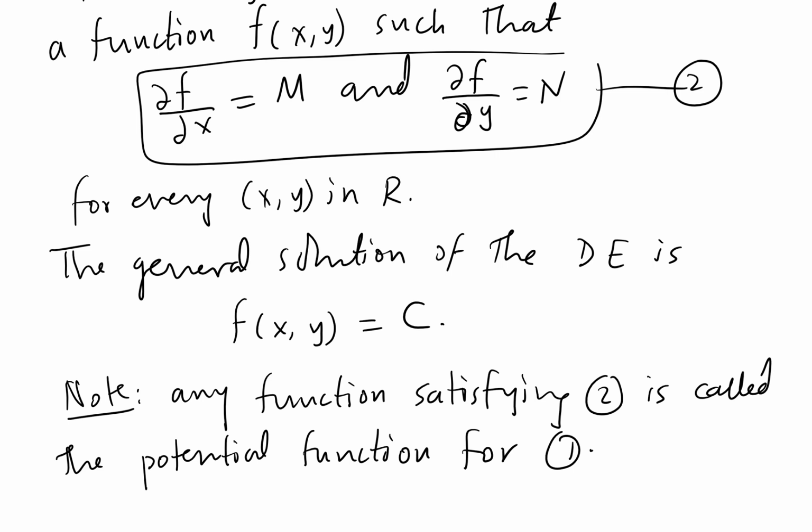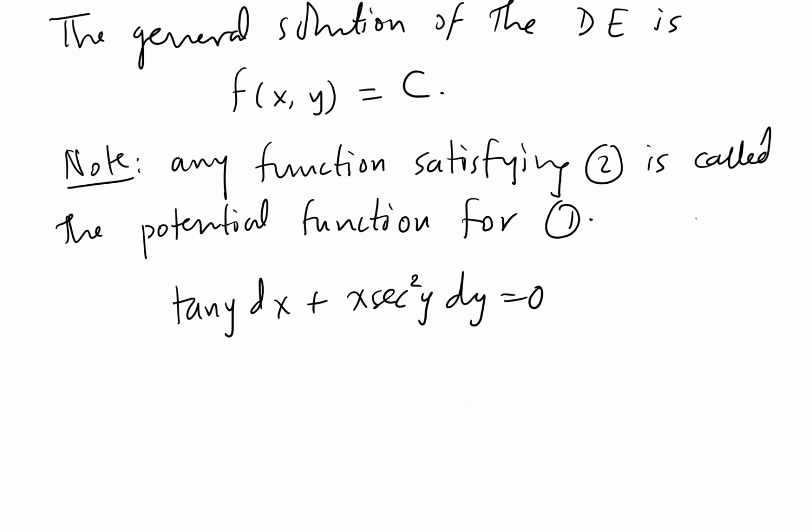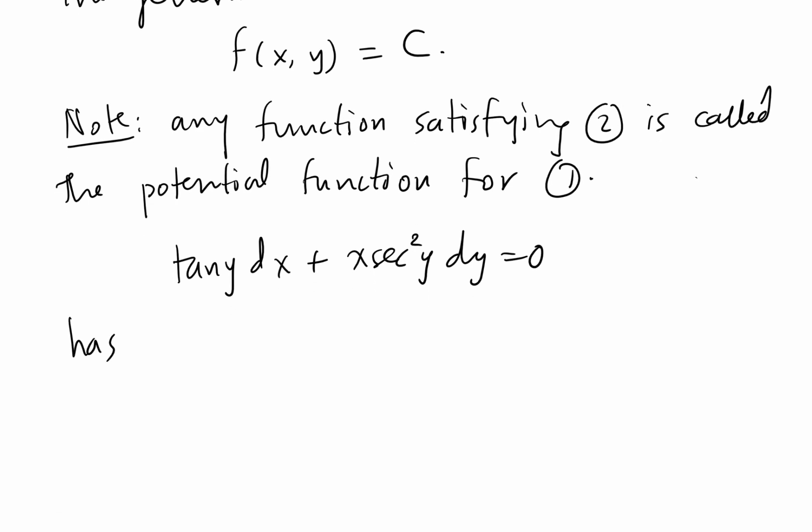So from the previous example that we started with earlier, tangent y dx plus x secant squared y dy equals 0 has f(x,y) equals x tangent y as a potential function.